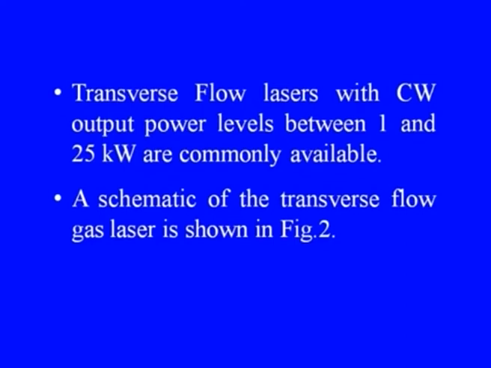Transverse flow lasers with continuous wave output power levels between 1 and 25 kilowatts are easily available. A schematic of this type of gas flow laser is shown here on the screen.